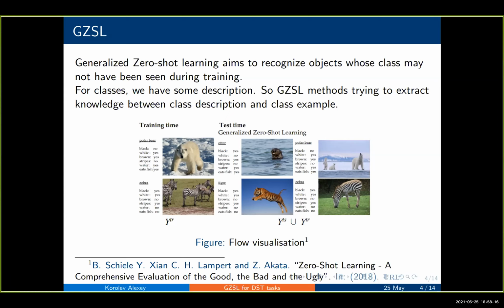And for all classes, we have some kind of description. It can be a set of attributes, it can be a text description or something else. And the system tries to extract knowledge linking a class description and a class example.